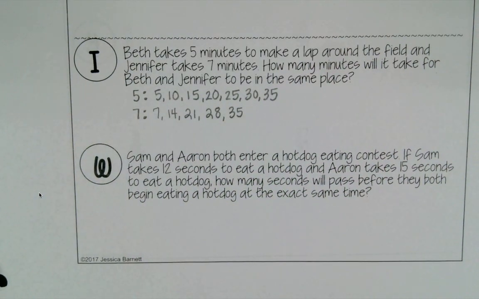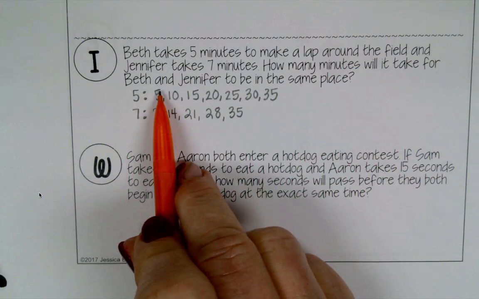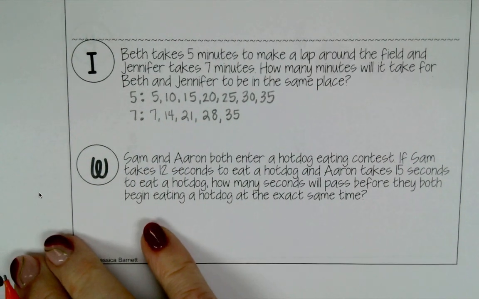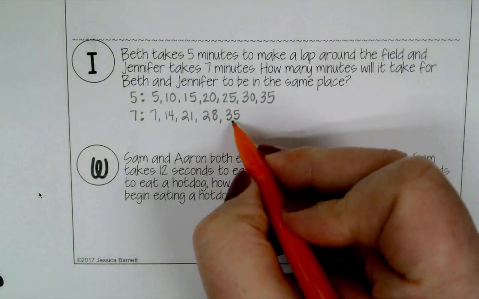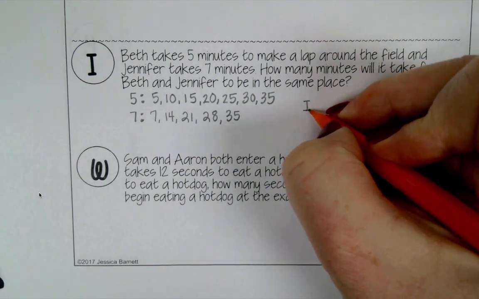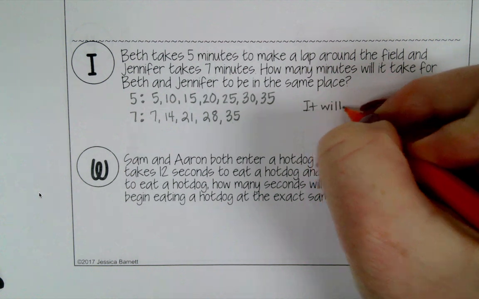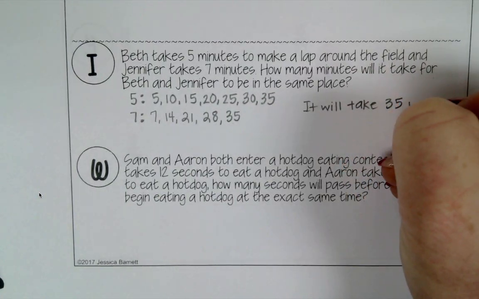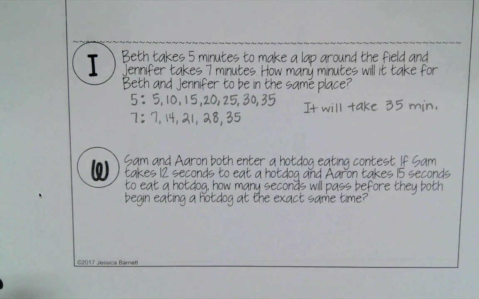Okay? So the question is, how many minutes will it take for Beth and Jennifer to be in the same place again? And so we're thinking about least common multiple, and the first one we hit is 35. So we would say it will take 35 minutes. Okay?